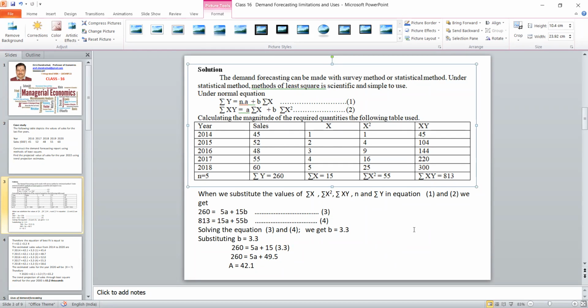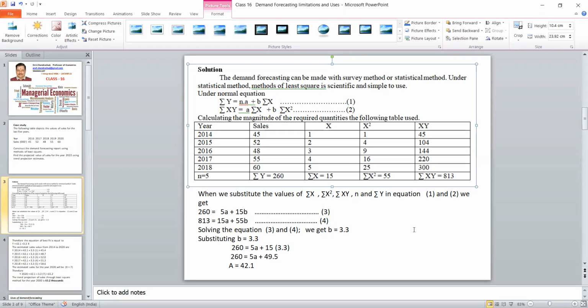So this is equation number 3, because we have substituted in equation 1. Similarly, the same values should be substituted in equation 2. Then summation xy is 813, then summation x is 15a, then x square we have to substitute, so 55b. So we have to solve these two equations.